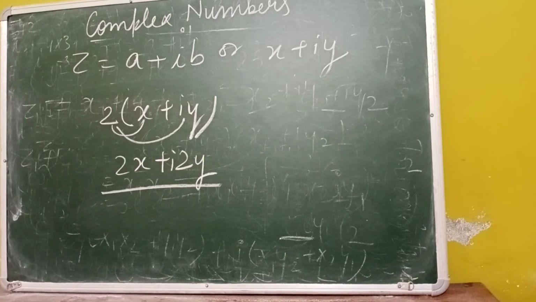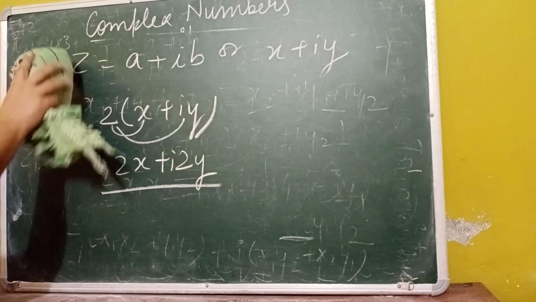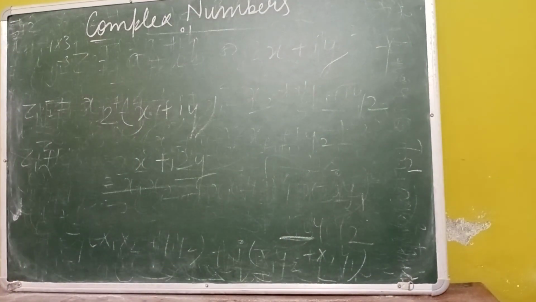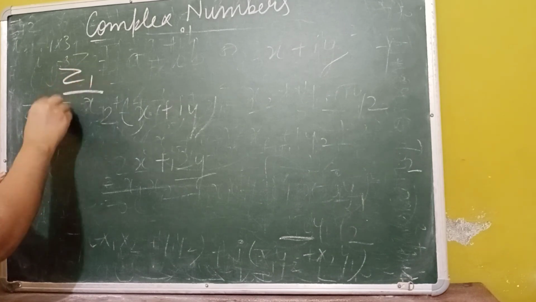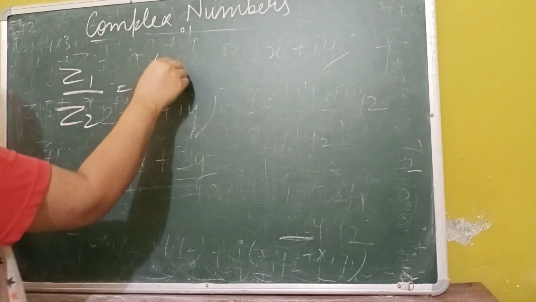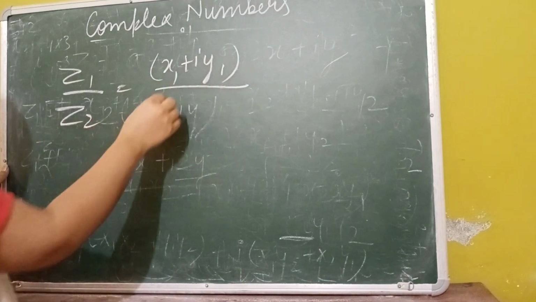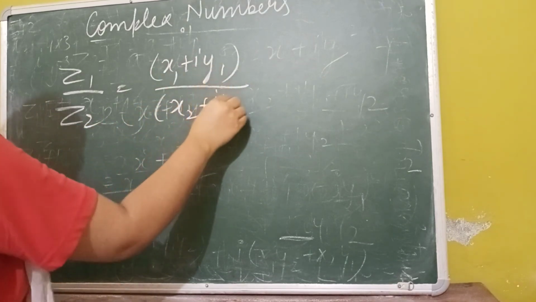Now when we talk about division in complex numbers, since these are not in a simple form, consider the division of two complex numbers, x1 plus iy1 and x2 plus iy2.